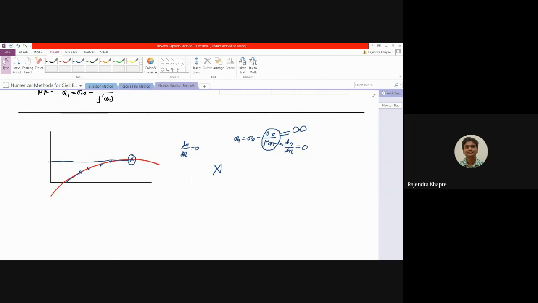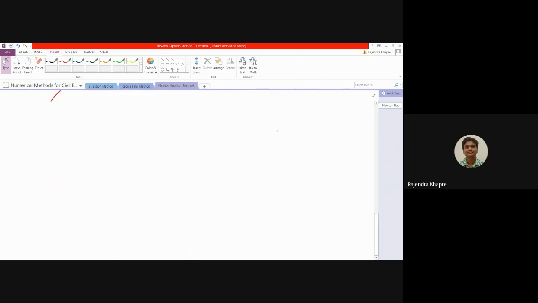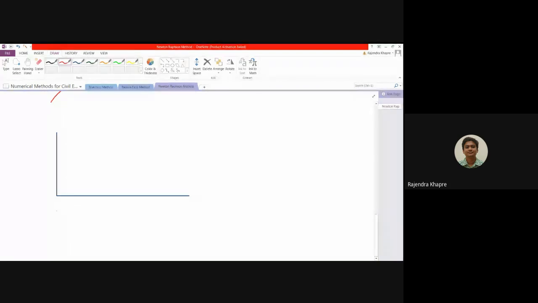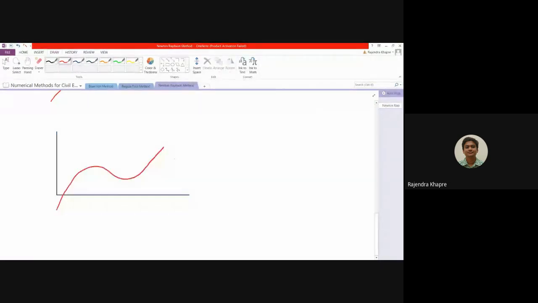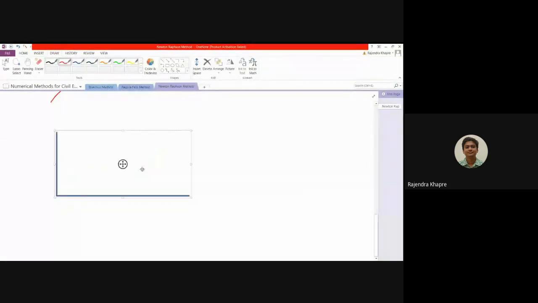Let me draw another curve for you. This is the first drawback. In the second drawback, let me draw a curve, slightly differently. So let me draw a curve which is like this.